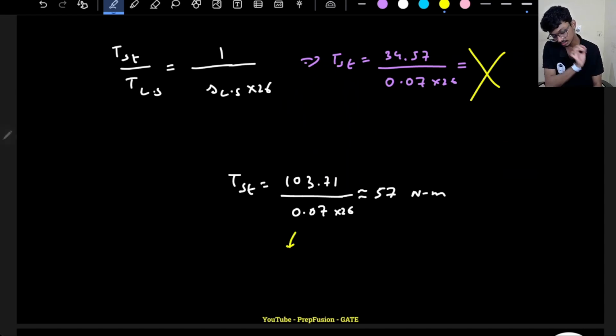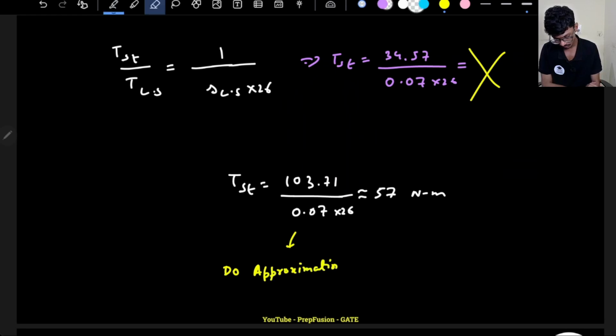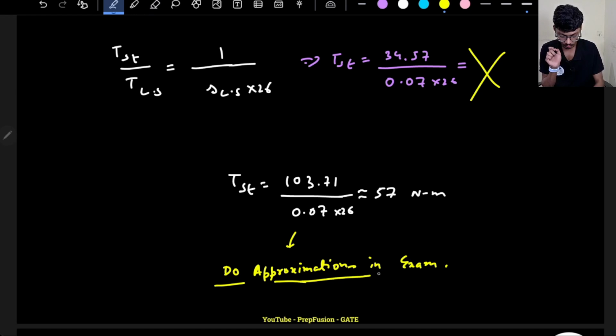For other things, you'll do approximations in the exam, because you never know what kind of question they will ask. You should be thorough with what approximation to apply to the main torque formula, then you will be able to solve these kinds of questions. There are infinite formulas, so how many will you remember? It is very difficult to remember all these things.